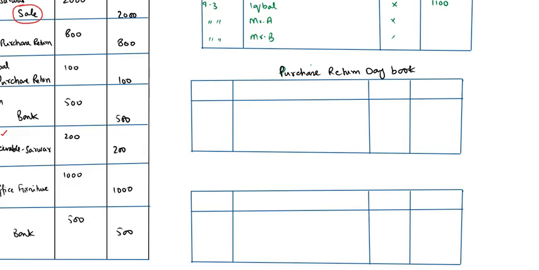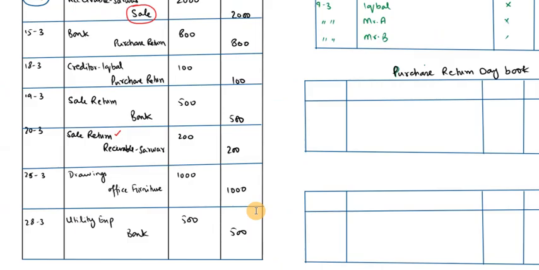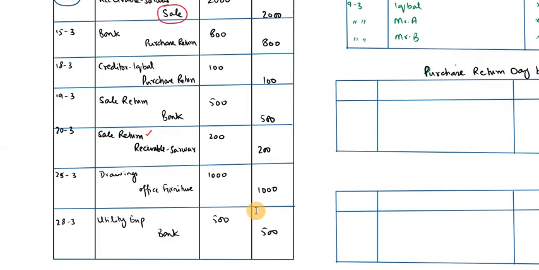Now find the purchase return in our journal entries. From the journal entries, let's find the purchase return.